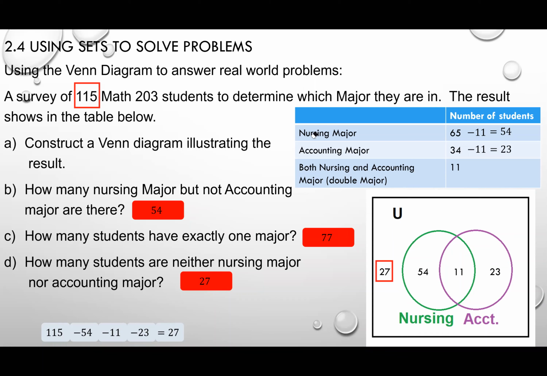So again, any questions with A, B, C, and D here? Hopefully many of you see that, given the Venn diagram, you can use the Venn diagram to answer this question.